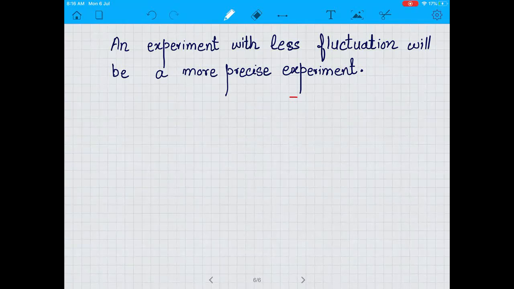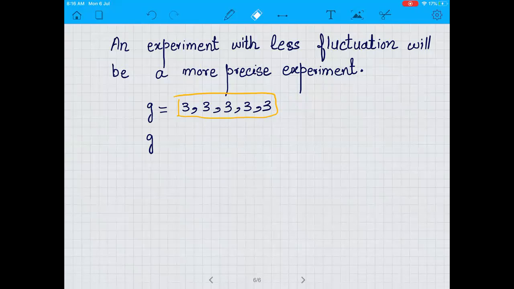You must know that. For example, if two students calculate a value for G and one student calculates a value of 3 all the time, you know that a value of 3 is not correct, yet the student is able to repeat that value. Whatever his error was, it is consistent.